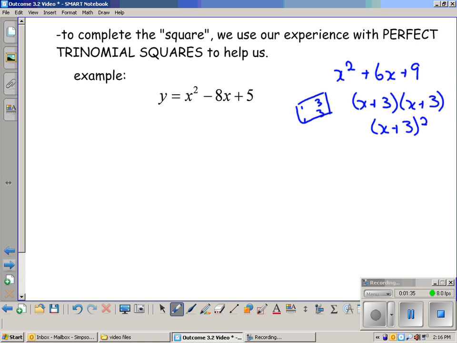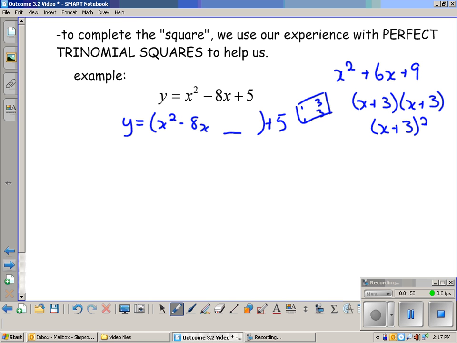We want to build on that idea as we're completing the square in this example. We're going to rewrite it so that we have y equals, and then in brackets we are going to put x squared minus 8x. We're going to leave the 5 outside of the brackets right now and leave a blank inside here.